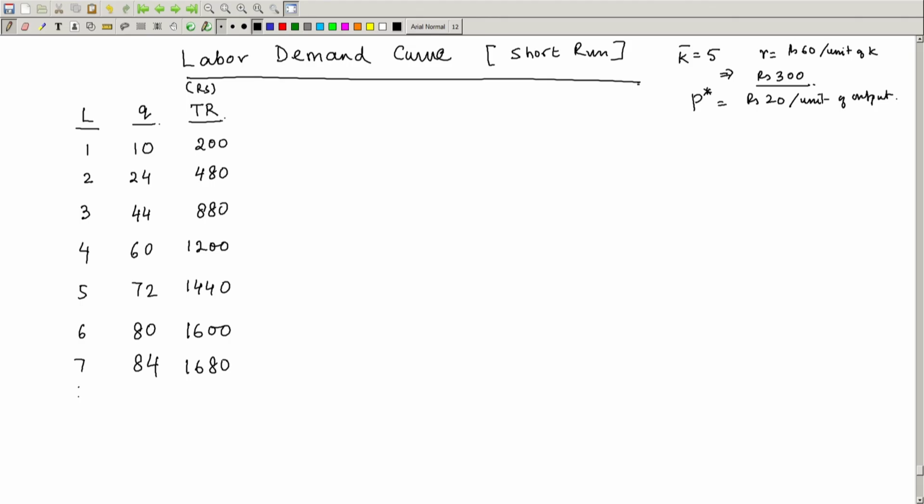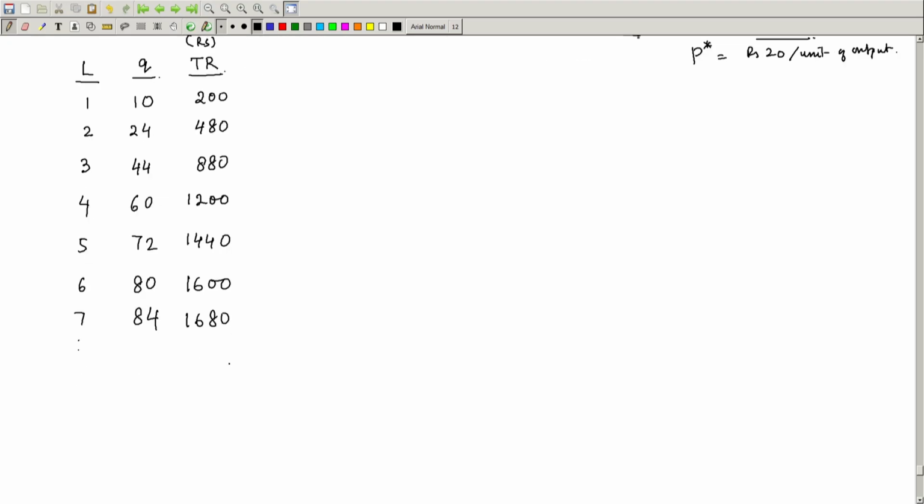Now, we will compute the marginal product of labor in a moment, but I want to introduce a new term called the marginal revenue product of labor. Think of this as the marginal product of labor being transformed into a rupee value.